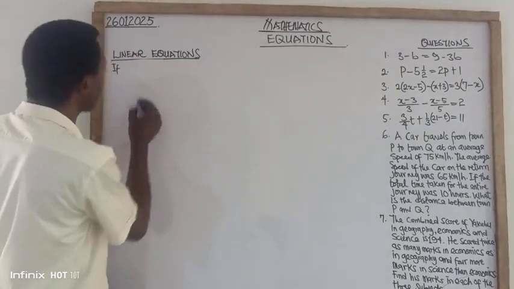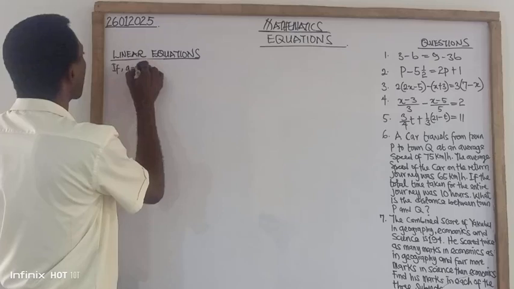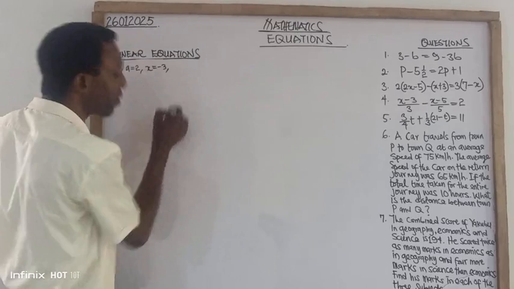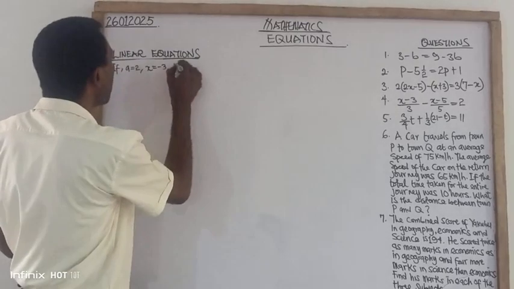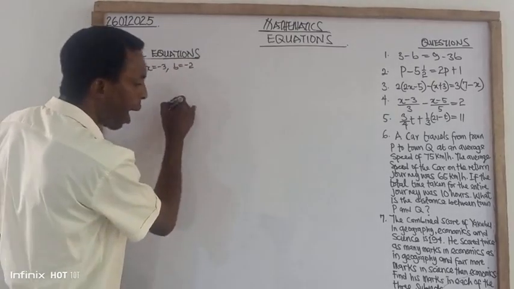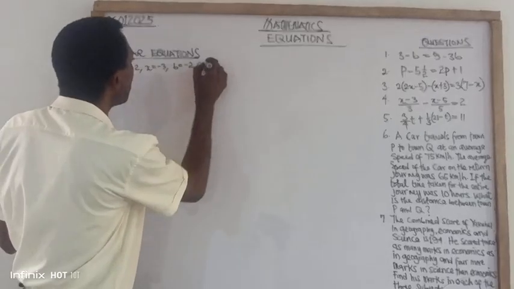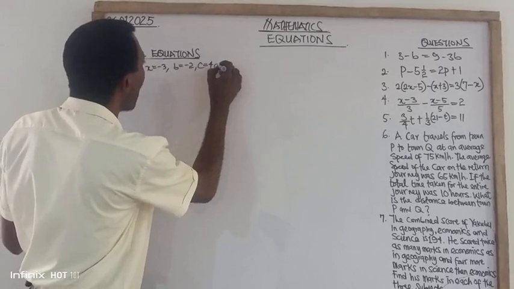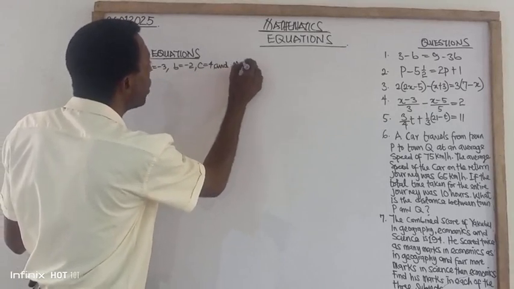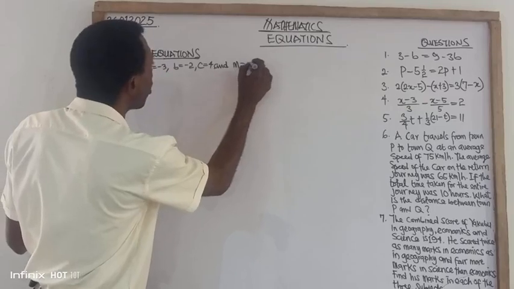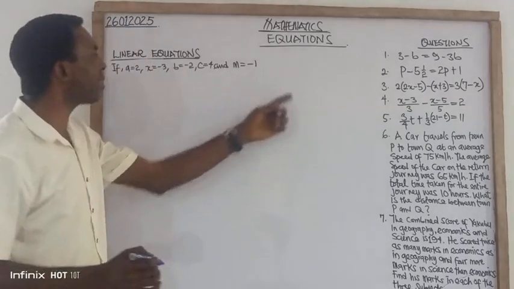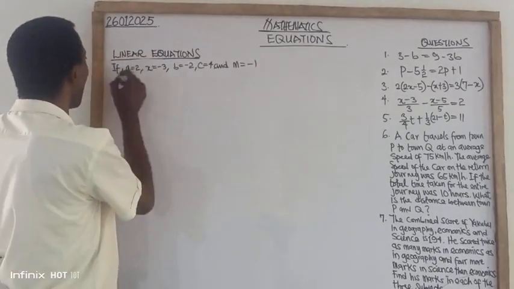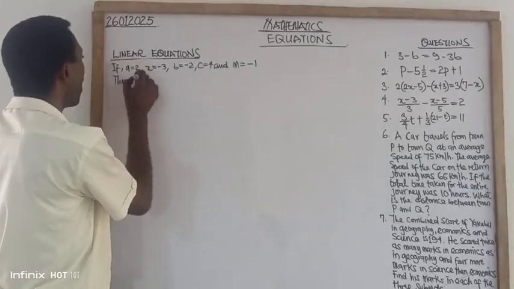Now, if the question says if A is equal to 2 and X is equal to minus 3, B is equal to minus 2, C is equal to 4, and we now have M is equal to minus 1.